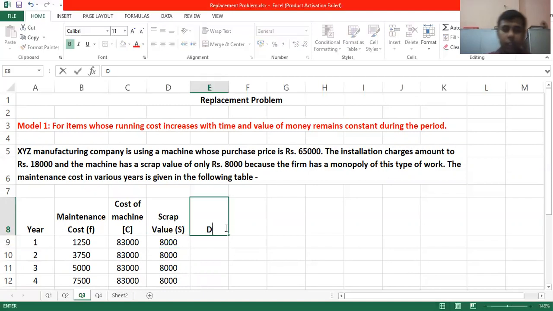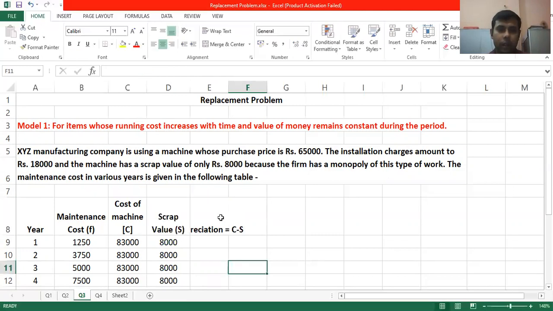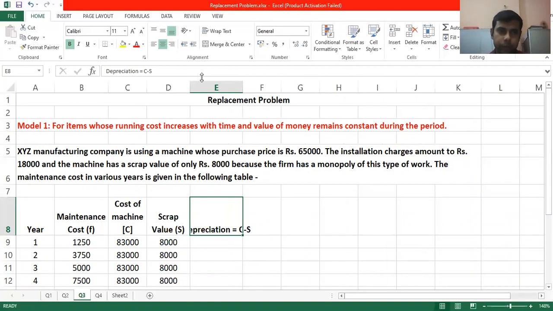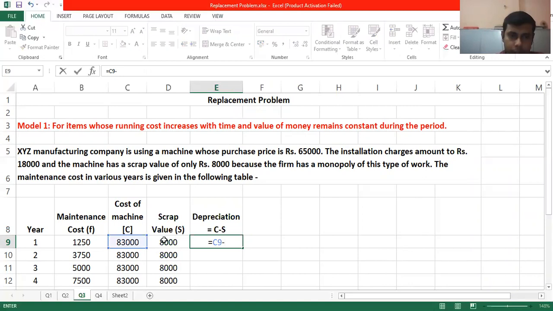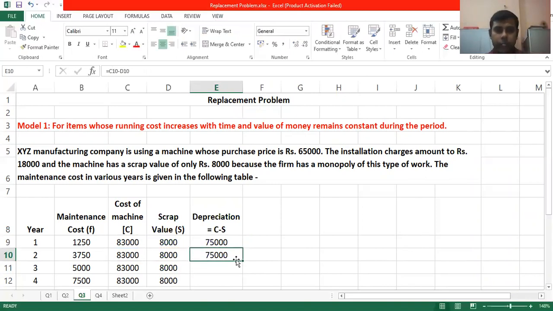So next we have to go for depreciation, which is C minus S. This is your C, this is your S. So C minus S, and I'm dragging it down.